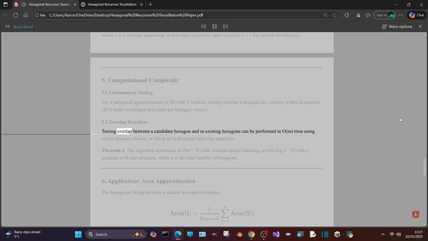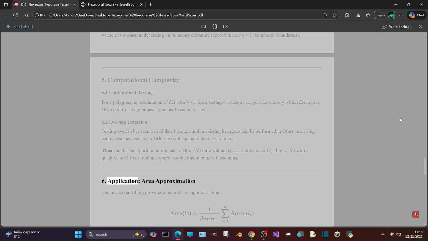Testing overlap between a candidate hexagon and m existing hexagons can be performed in O(m) time using center distance checks, or O(log m) with spatial indexing structures. Theorem 4. The algorithm terminates in O(n squared times V) time without spatial indexing, or O(n log n times V) with a quadtree or R-tree structure, where n is the final number of hexagons.